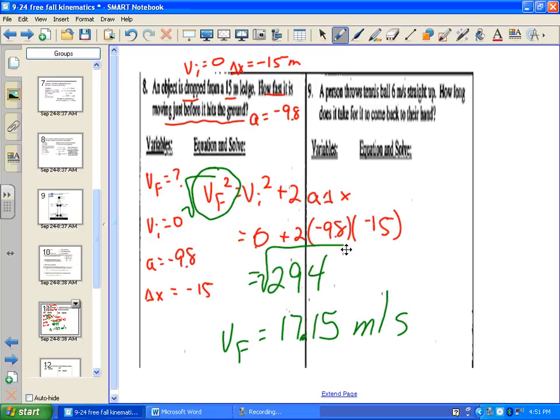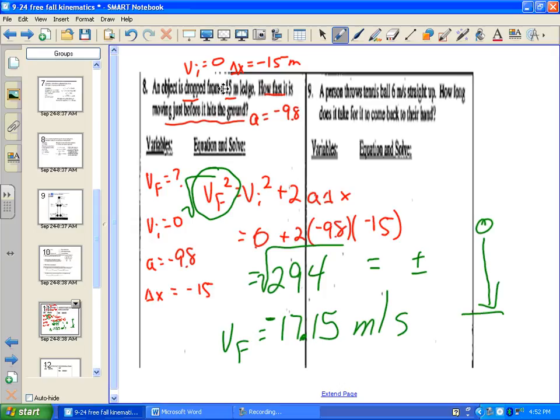But remember, anytime you have a square root, you get a plus or minus to your answer. Since we are falling down as we hit the ground, we want to put a negative in there for our speed. So our final answer is going to be my final velocity being negative 17.15 meters per second. It's hard to remember all these negatives, so it just takes repetition and working with things.